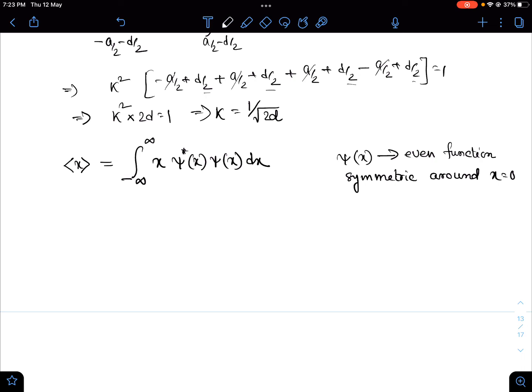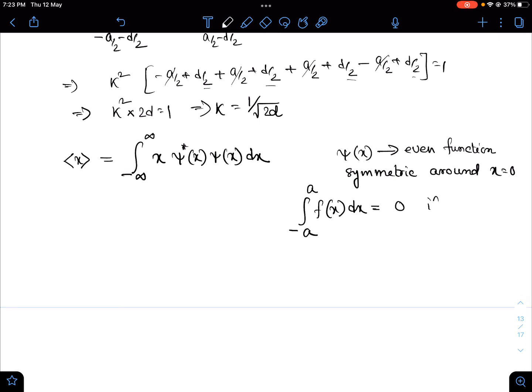From the standard integration formula, the integral from minus a to a of f(x) dx is 0 if f is odd, and it is 2 times the integral from 0 to a of f(x) dx if f is even.